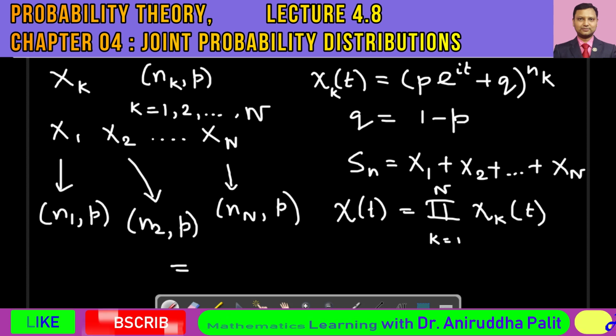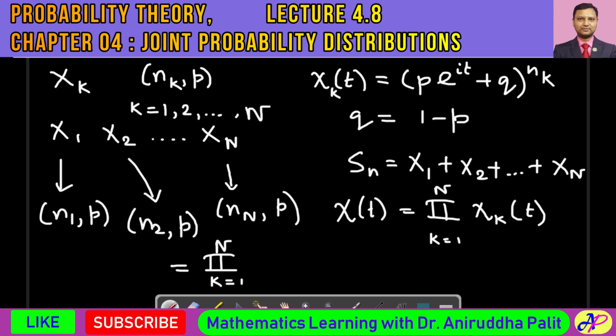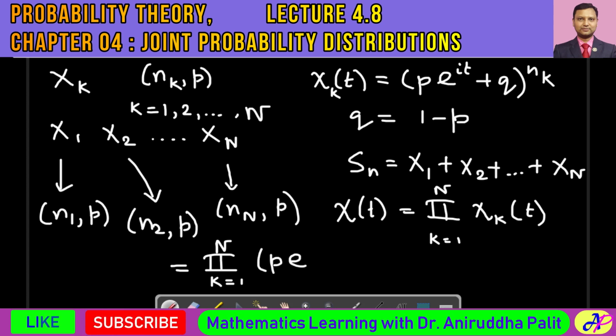If we put their expressions, we shall have the product over k equal to 1 to capital N of p into e to the power of it plus q, to the power of nk.